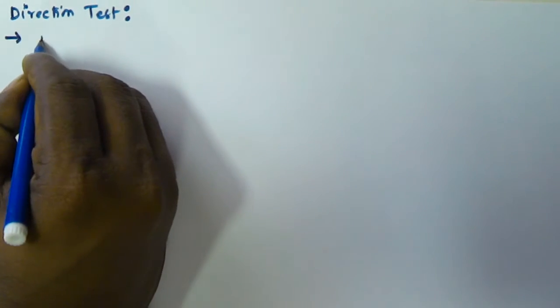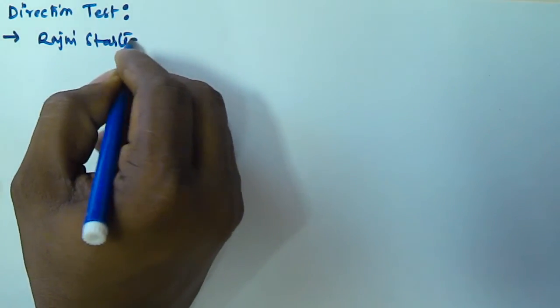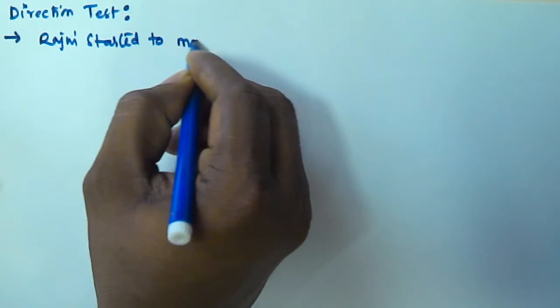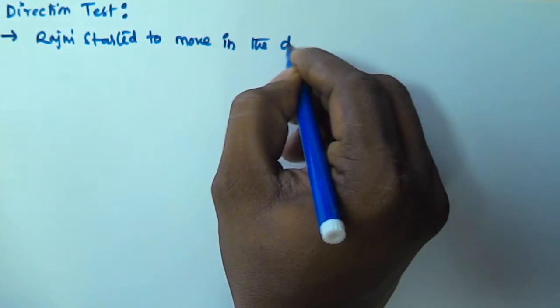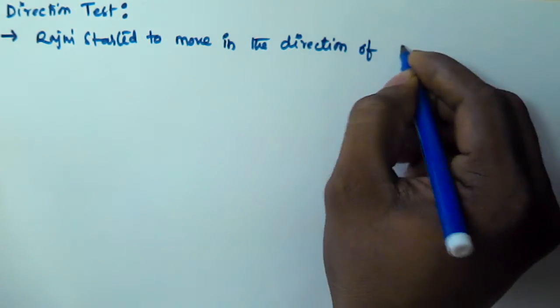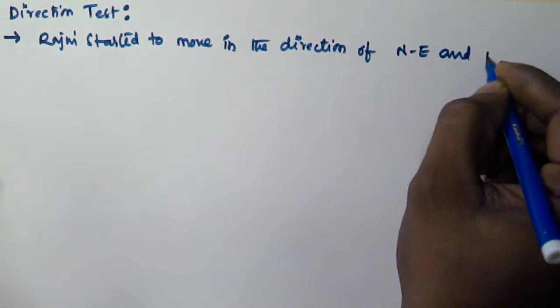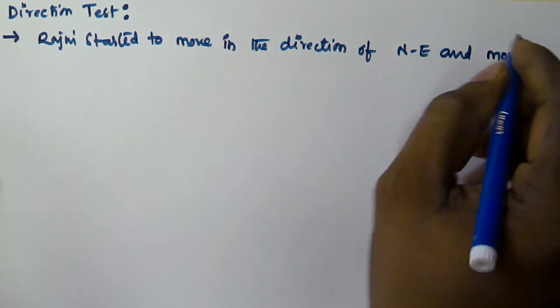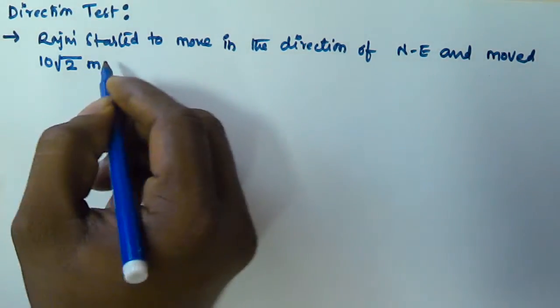Okay, so the problem is: Rajni started to move in the direction of northeast and moved 10 under root 2 meters.